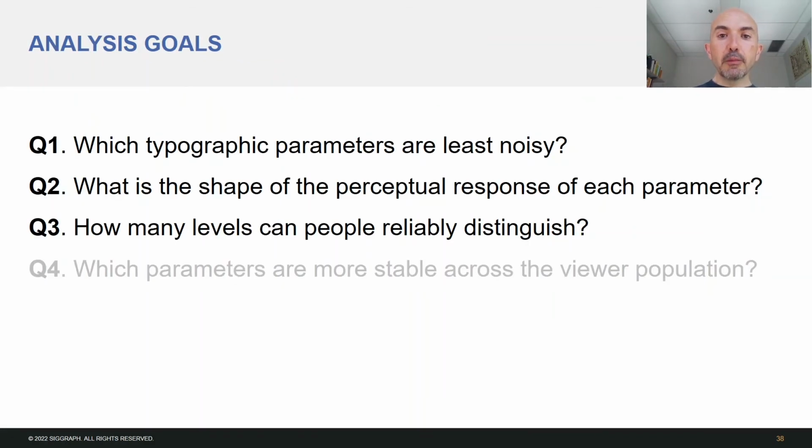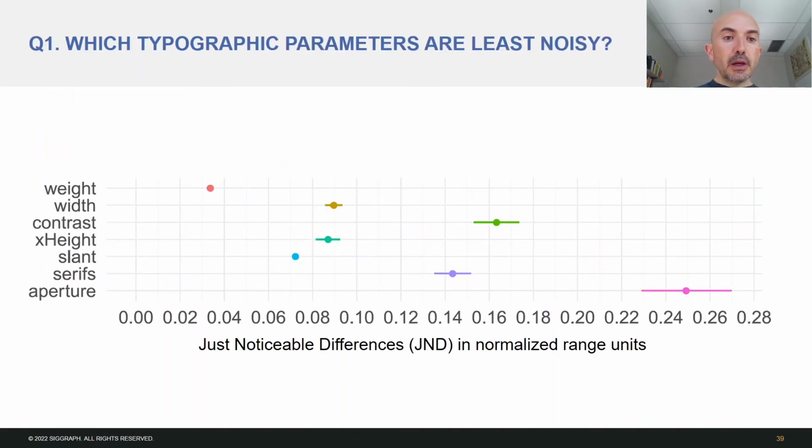Now let's look at the same questions as in the previous experiment. This graph shows the measurements of just noticeable differences. In other words, the JNDs, or just noticeable differences, measure the size of the difference in each parameter that participants can reliably detect.